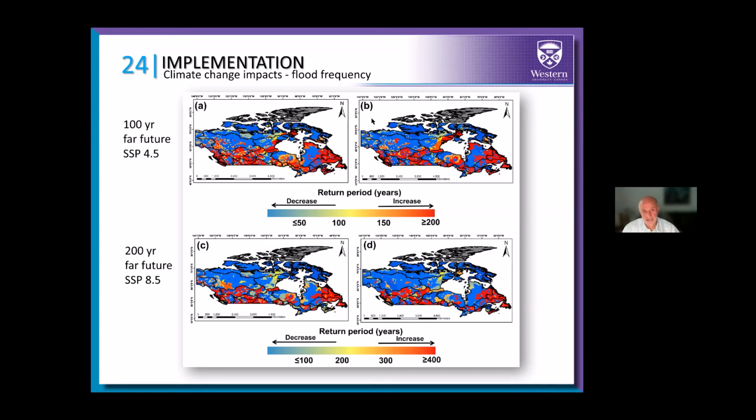So these areas, the reddish, yellowish, orangey color areas, where most of the Canadian population are, are the areas where the frequency is going to increase, and by increasing frequency, I think more frequent events like in BC or the East Coast are possible.